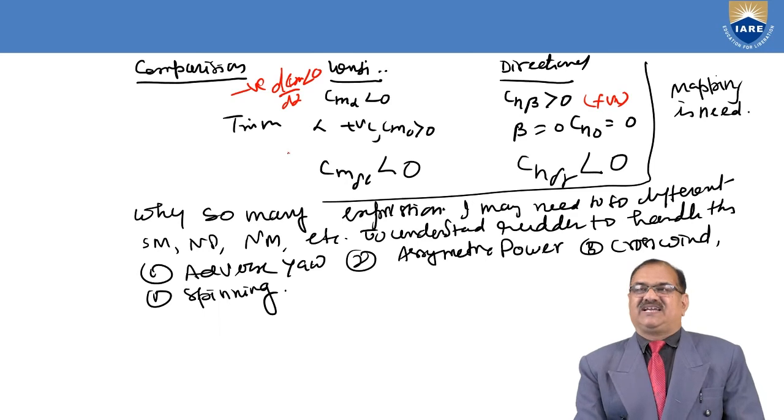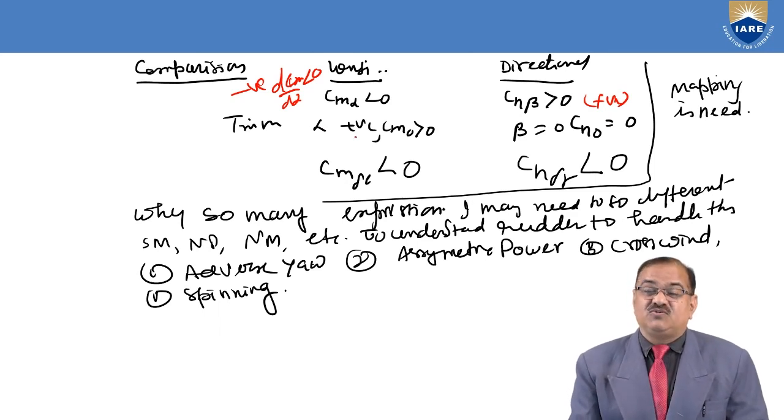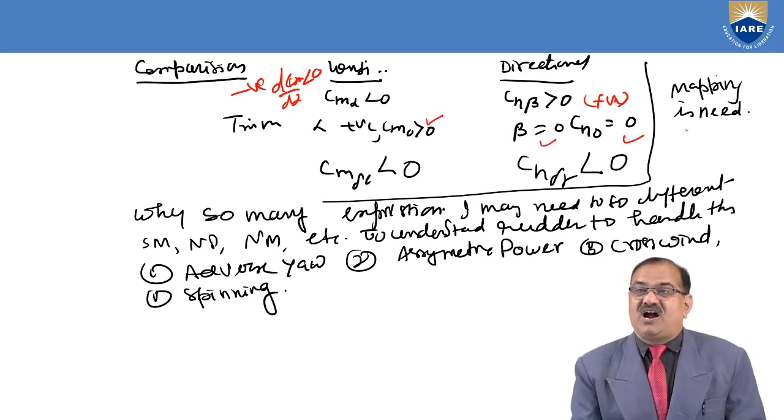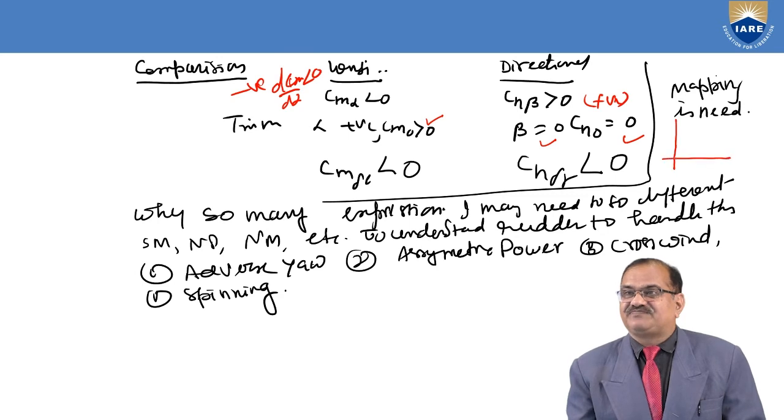For the trim condition in the longitudinal case, α should be positive and C_m0 should also be positive. For the trim condition in the directional case, β should be 0 and C_n0 should also be 0. It should start from here, if you plot C_n against β. It should start from here, not any other place.